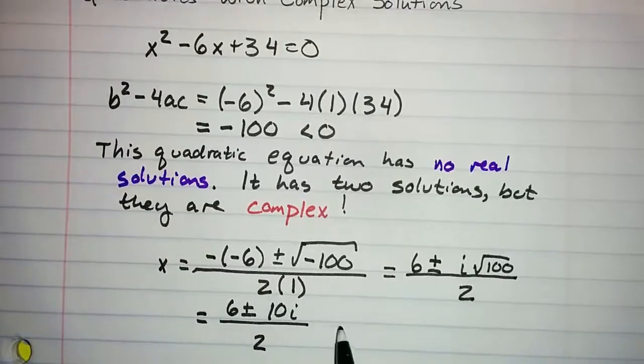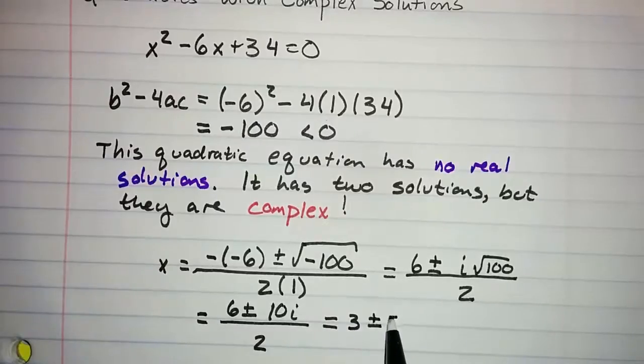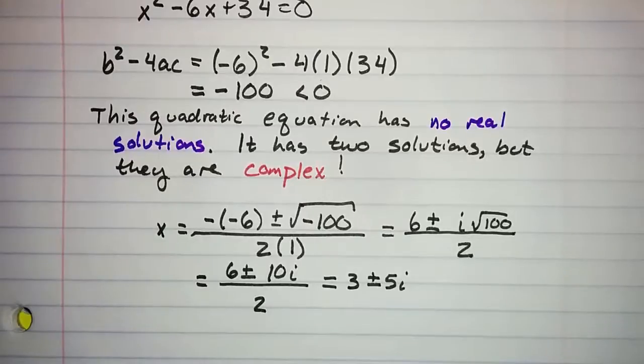Just dividing term by term, it's pretty easy to see that this is going to be 3 plus or minus 5i.